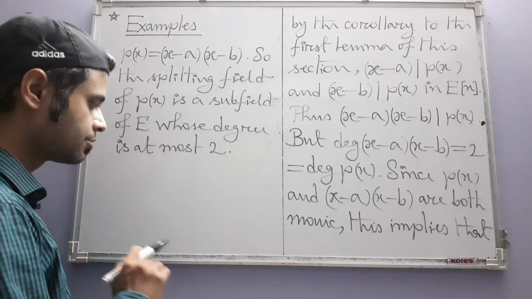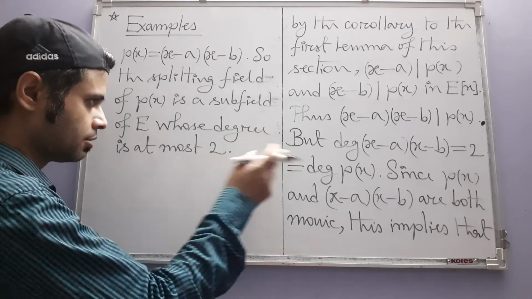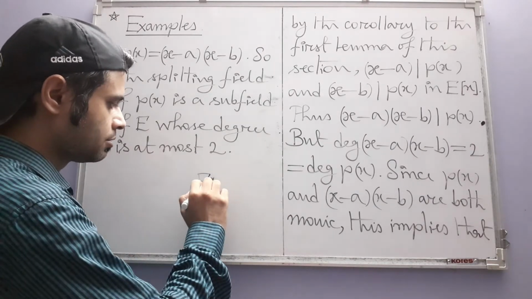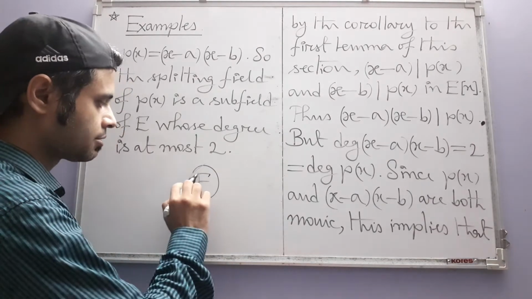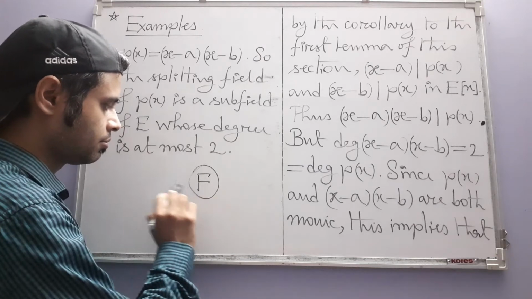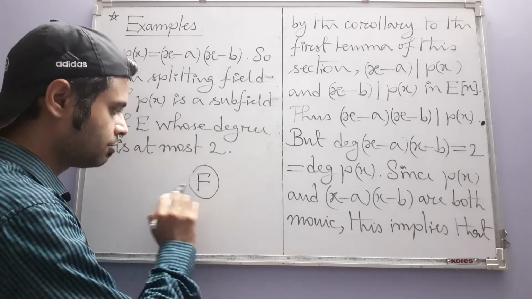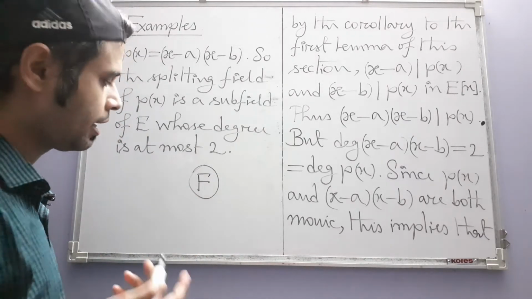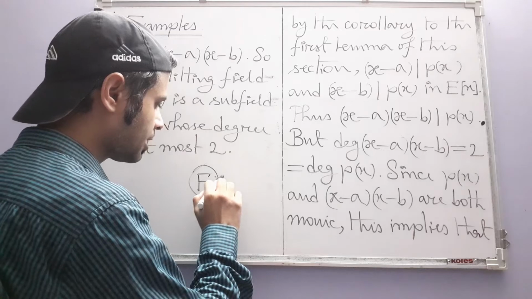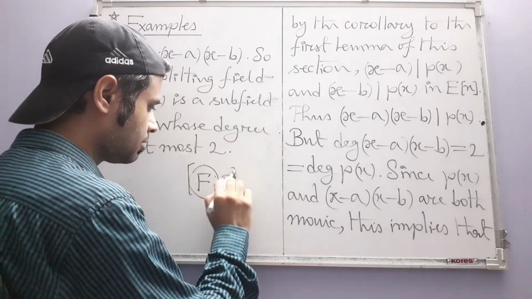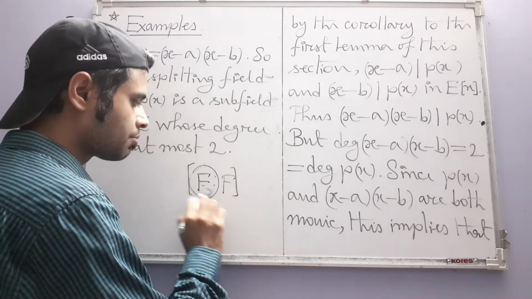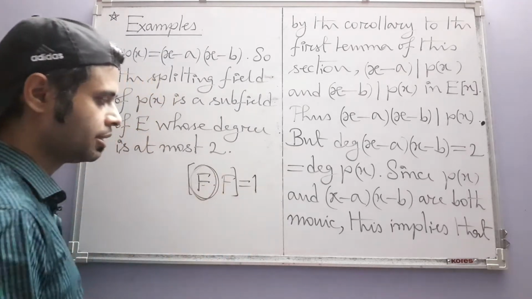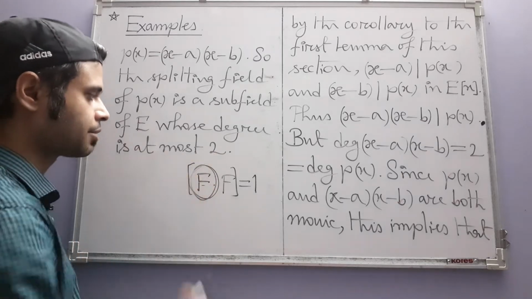If f itself contains these two roots, then f itself is acting as the stage where this complete split will happen. So we don't actually need to enlarge f at all, and f is the absolute smallest possible extension of f where the degree is 1. So f itself will be the splitting field. So that's why we say at most 2.